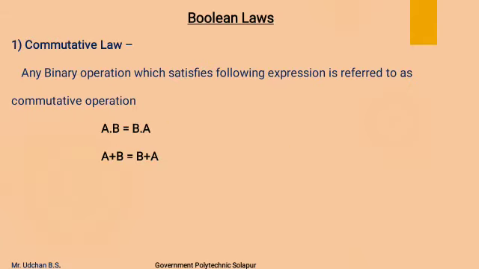Now we will see the different Boolean laws. First law is the commutative law. This law states that any binary operation which satisfies the following expressions is referred to as a commutative operation. The first example is given as a into b is equal to b into a.